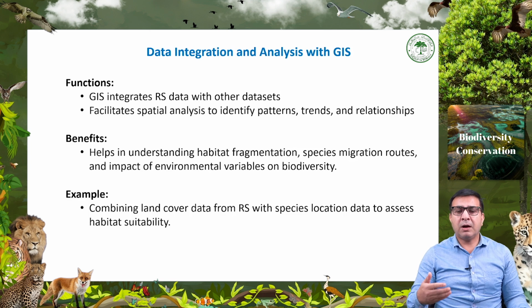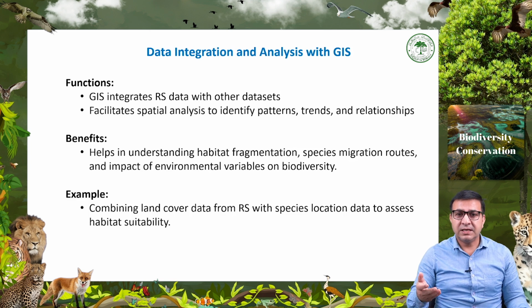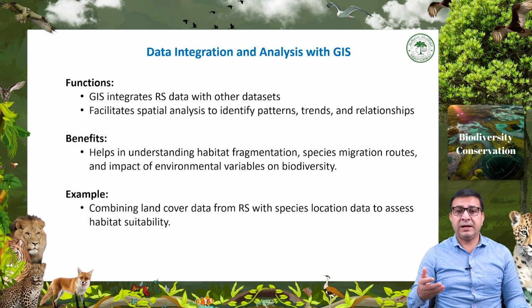For example, combining land cover data, such as deforestation areas from RS, with species data from field surveys helps identify areas where species are at risk, and we can prioritize the conservation effort for that particular species. It therefore enables spatial analysis that helps researchers make informed decisions to protect biodiversity by analyzing environmental factors impacting species.